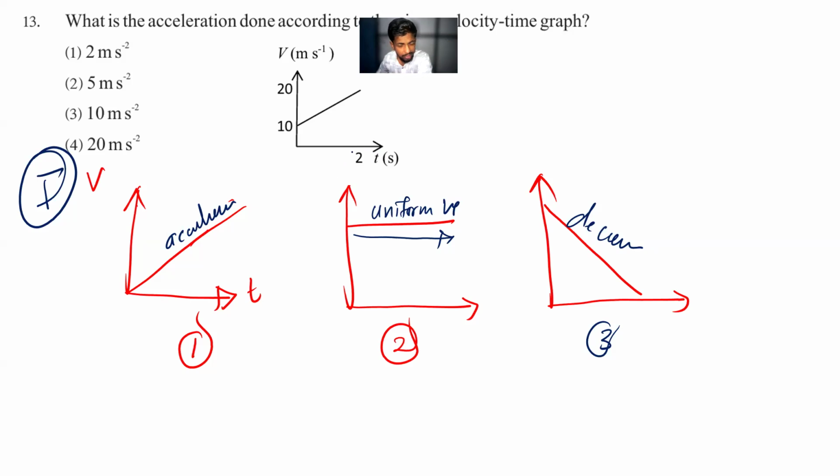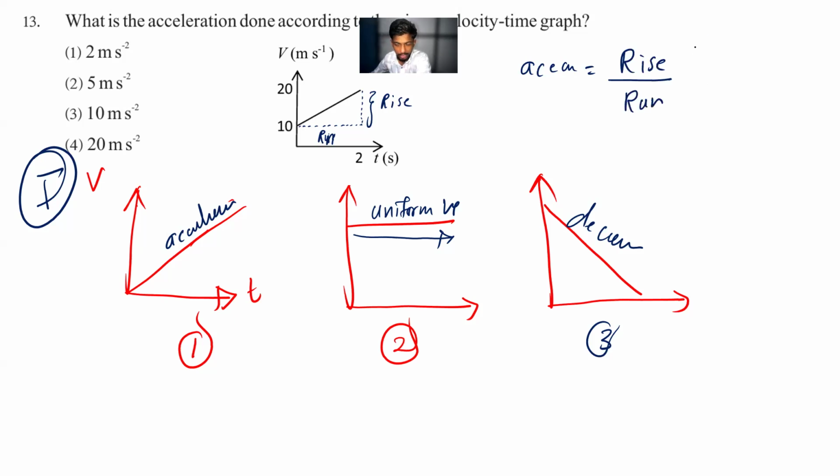To find the acceleration from the velocity time graph, there's an equation: rise over run. We want to divide the rise by the run to find the acceleration.